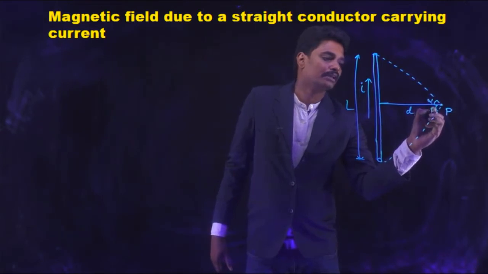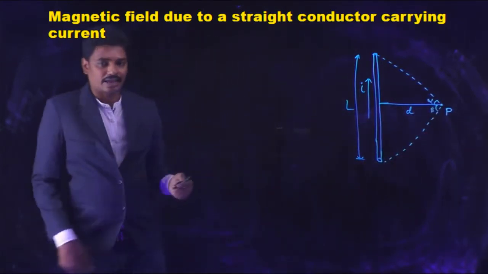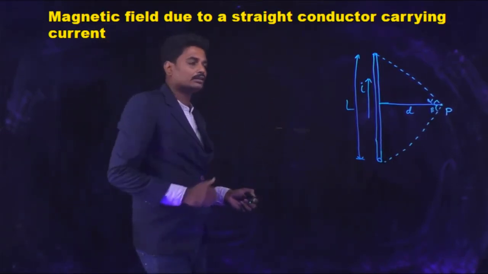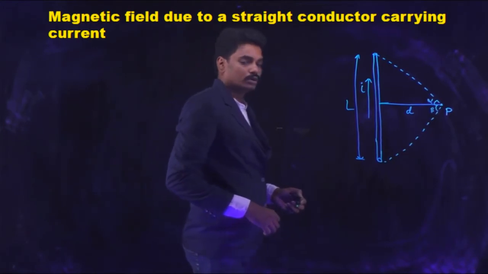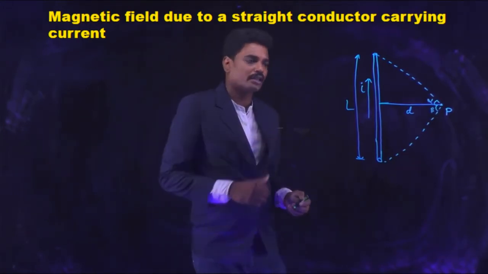Let alpha and beta be the angles made from the point P to the conductor, at both the ends of the conductor.